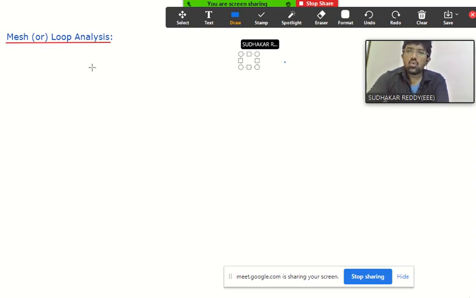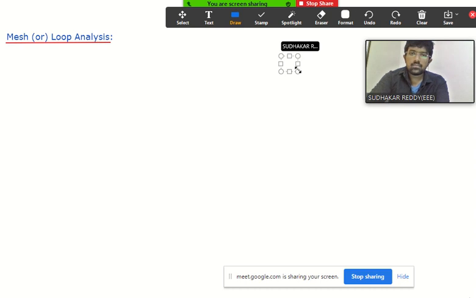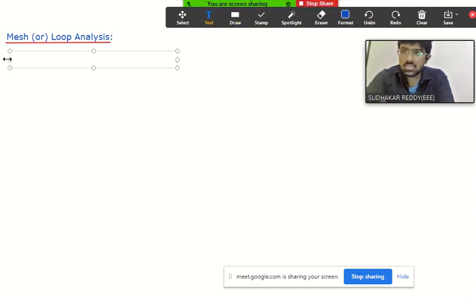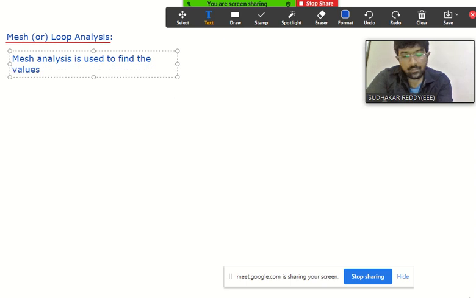First, note down: mesh or loop analysis is used to find the values of current in any branch.